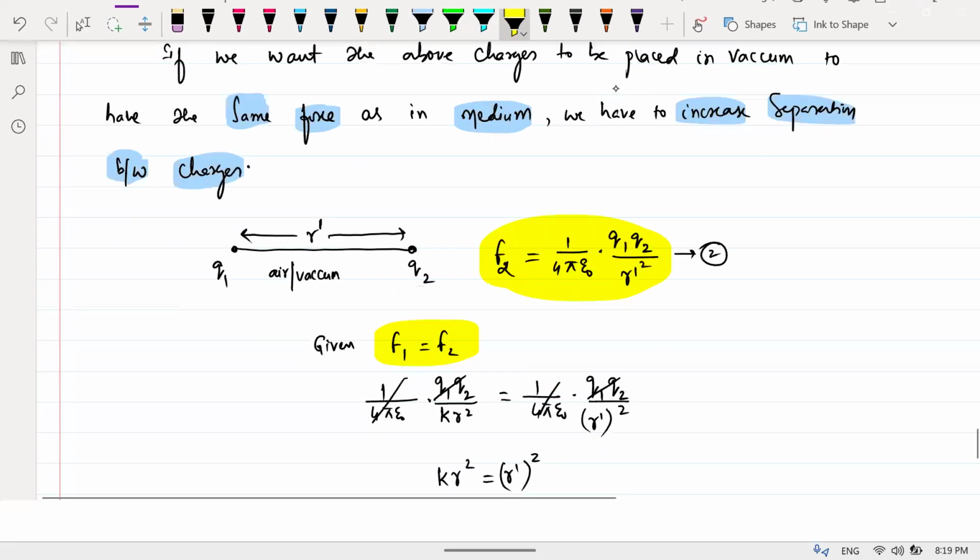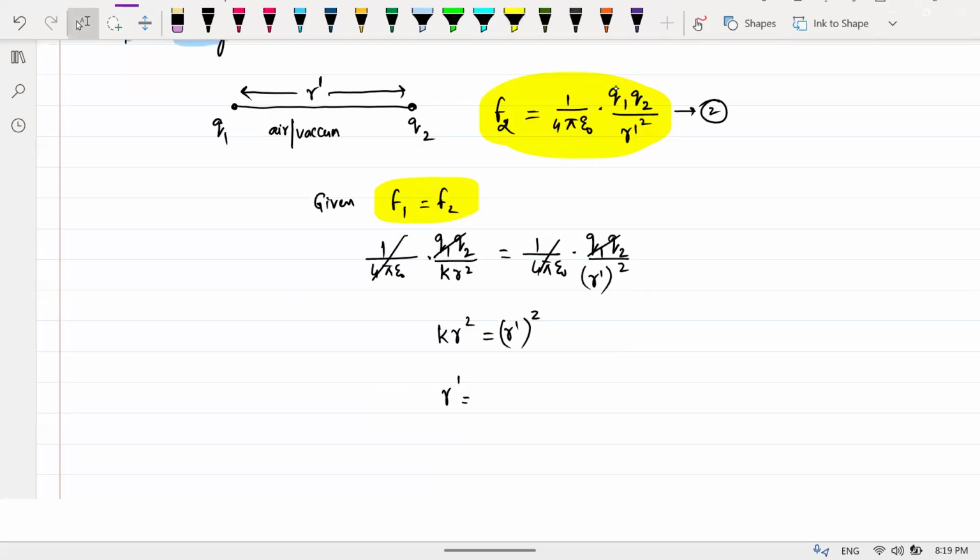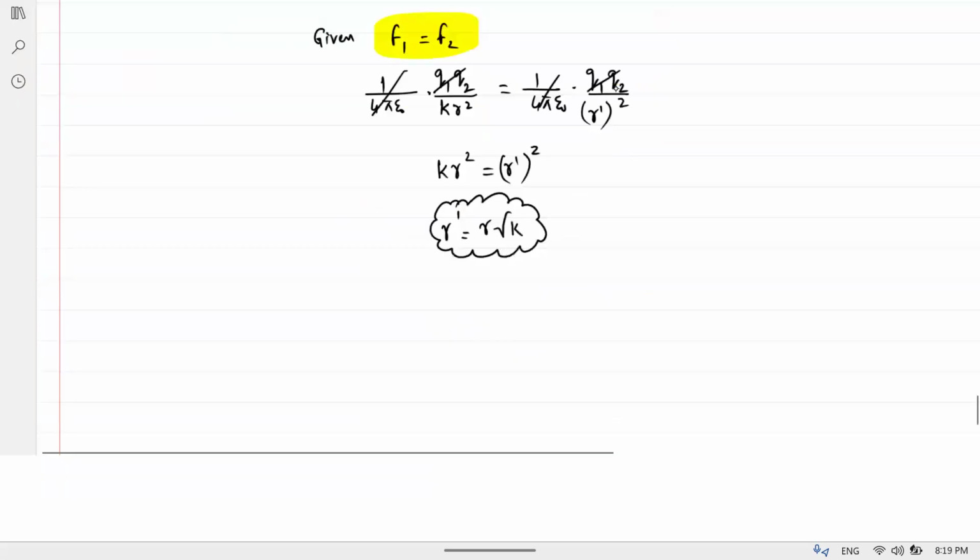Then the common factors get cancelled. Remaining is K into R square equals R dash square. So R dash will be equal to R into root K. So the new separation should be increased by how much? R dash equals R into root K. Am I clear?